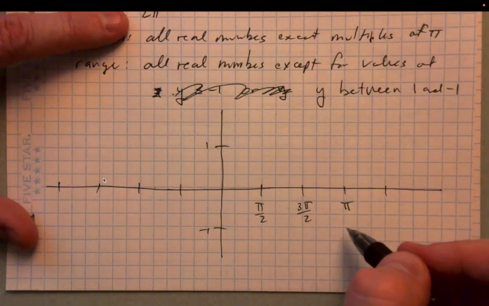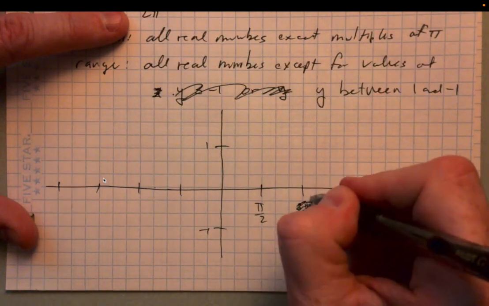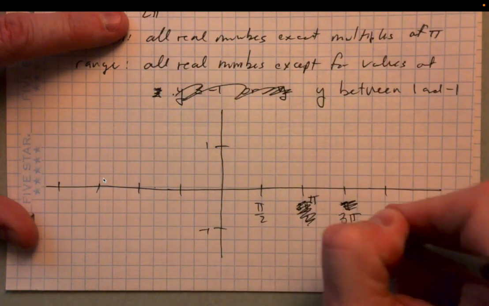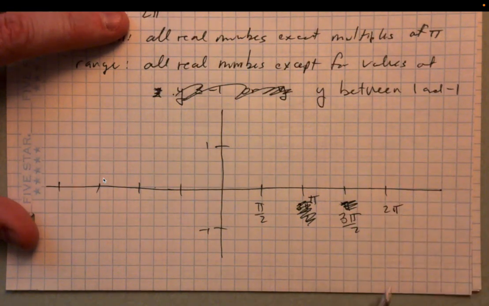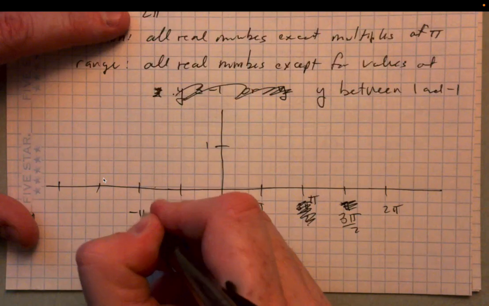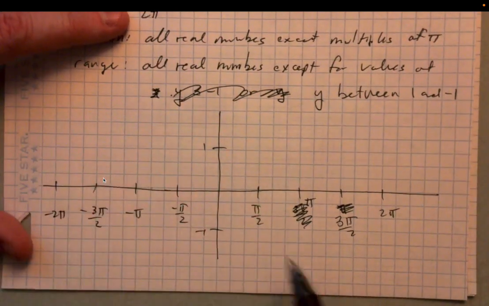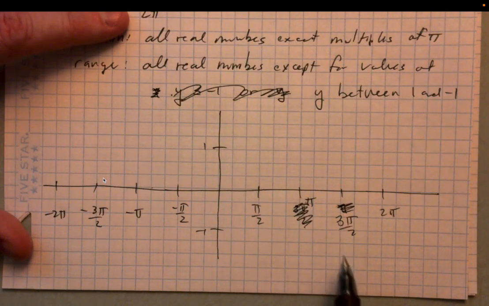Actually, shoot. I want to make this pi and then 3 pi over 2. Sorry about that. And then 2 pi. There we go. And then we'll make this negative pi over 2 and negative pi, negative 3 pi over 2 and negative 2 pi. Sorry about that typo there. This is pi, 3 pi over 2.